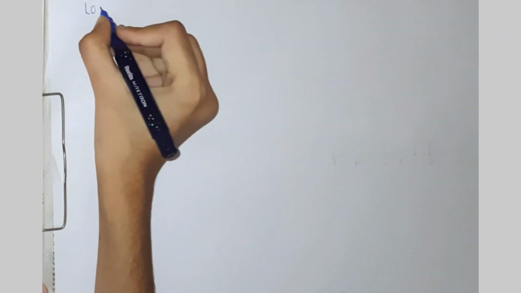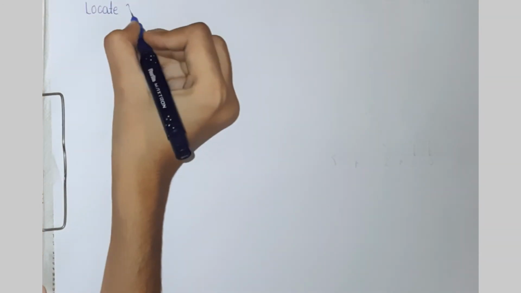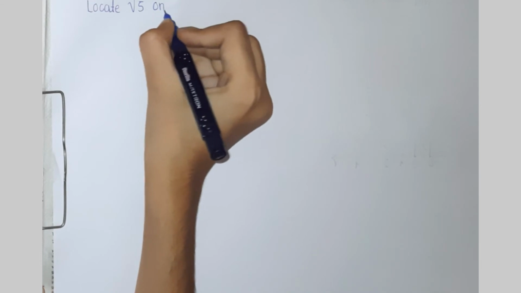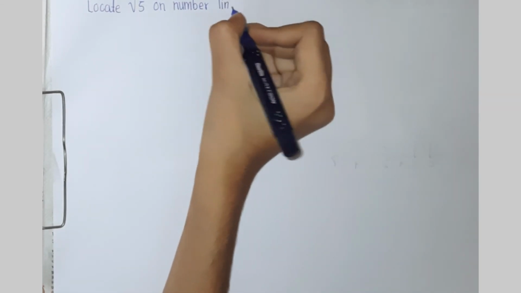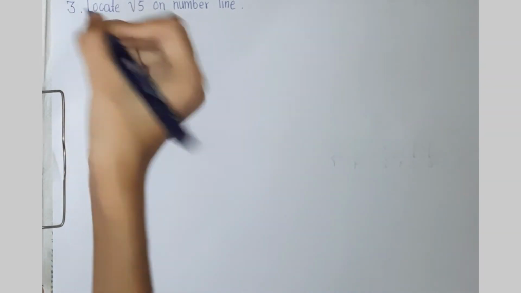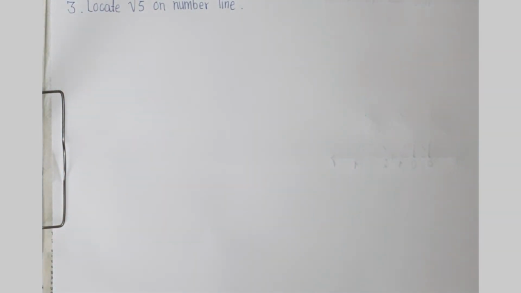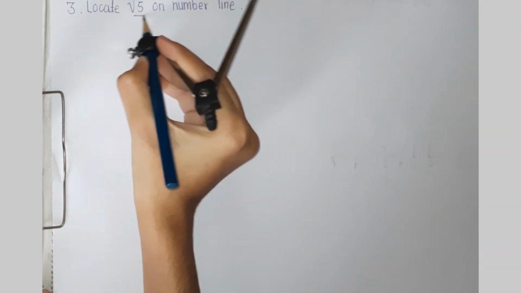We are going to locate root 5 on the number line. This is the third question. So first we will take a scale as it is asked to find root 5.